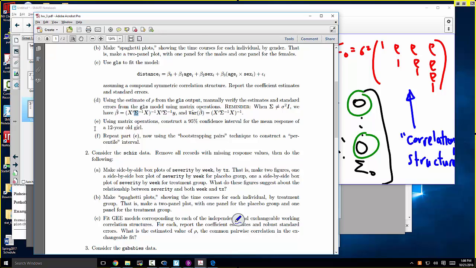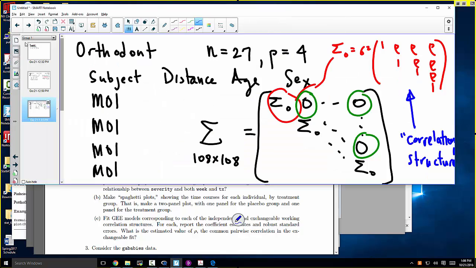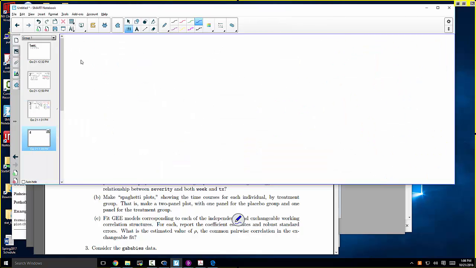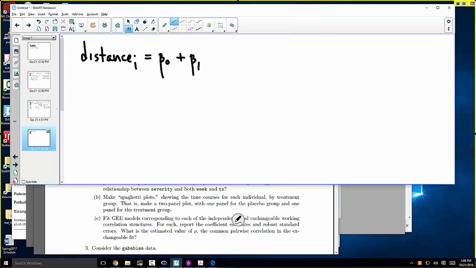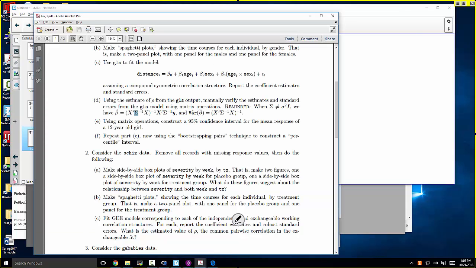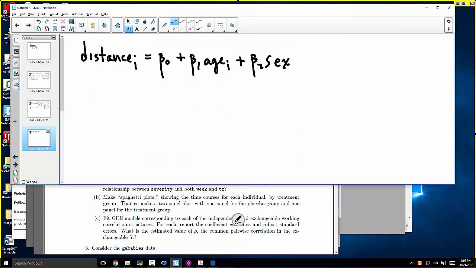What I want you to do in part E, the model is distance_i is beta 0 plus beta 1 age plus beta 2 gender plus beta 3 age times gender.